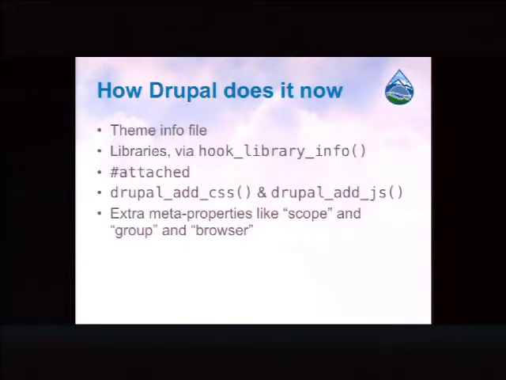And there's attached, which is especially for front-end folks. Show of hands, who knows what attached is? Yeah, that's what I thought. Who knows what the render API is, or render arrays? Right, okay. It's Drupal's internal system for deciding what it's actually going to render.